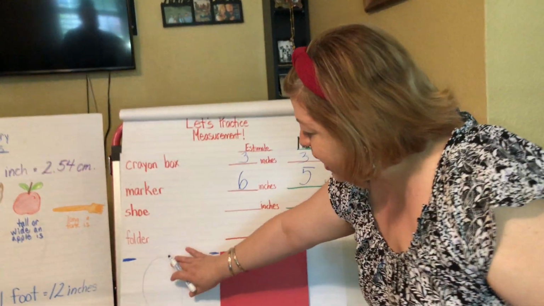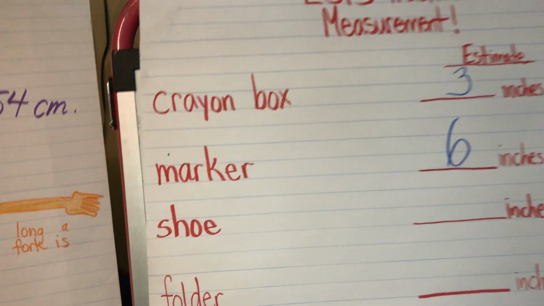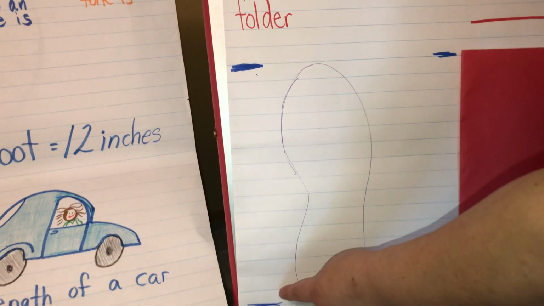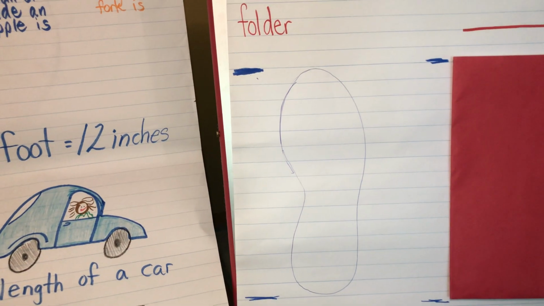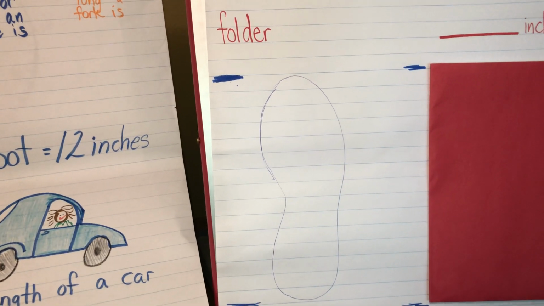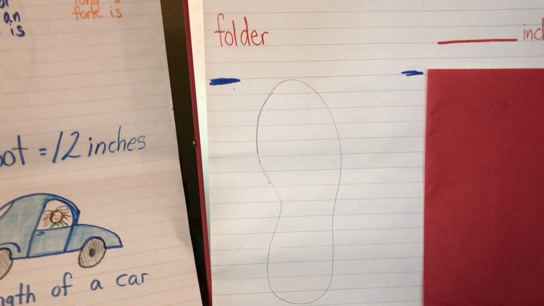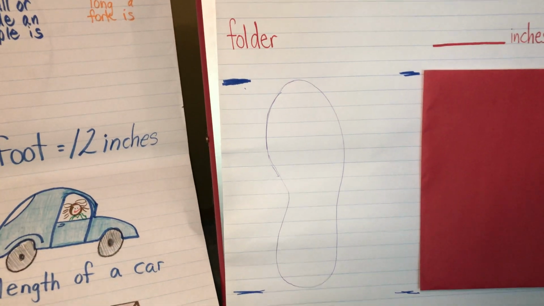Okay, this is the one that really counts because this is the one where you actually used your measuring tool. So here I have a shoe, and I just outlined the shoe just for the sake of making the lesson easier. I'm going to measure it, and I'm going to measure it from the bottom to the top. So, oops, I forgot. I got to estimate before I actually measure the shoe.